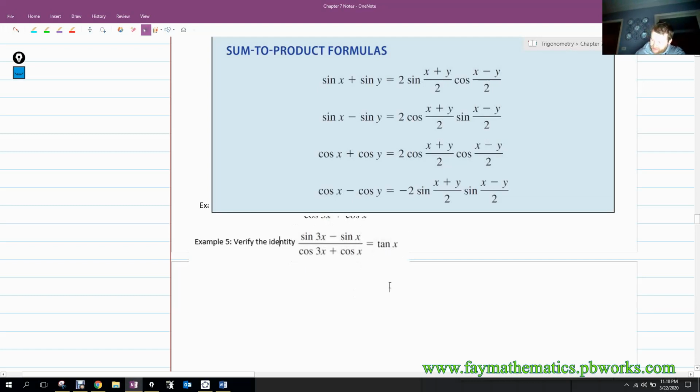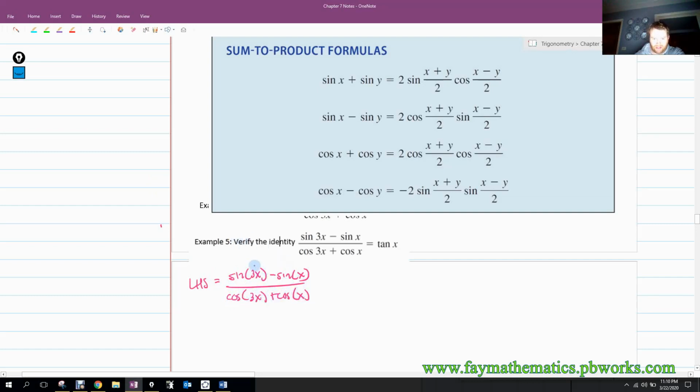So you remember the way we've done some of these in the past, specifically in section 7.2. We would say the left-hand side is equal to sine of 3x minus sine of x over cosine of 3x plus cosine of x.